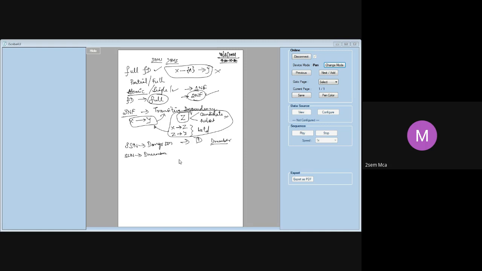I can find out his department number. Now, given the department number, I can determine the SSN of the manager who is in that particular department. So, given these two dependencies, I can always infer SSN determines the manager SSN of that particular department. This is a transitive dependency.